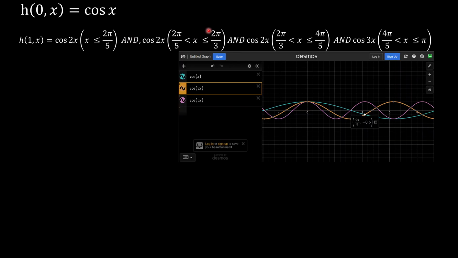So now what do we do? h0 is x, h1(x) is cosine 2x in this region, and cosine 2x in this region, and cosine 3x. But looking at our graph now, f(x) is the minimum between h0(x) and h1(x).